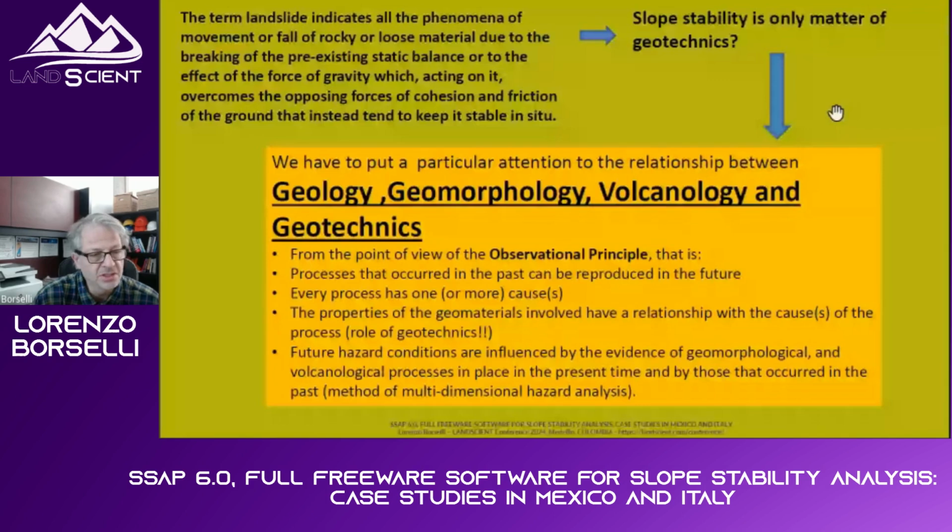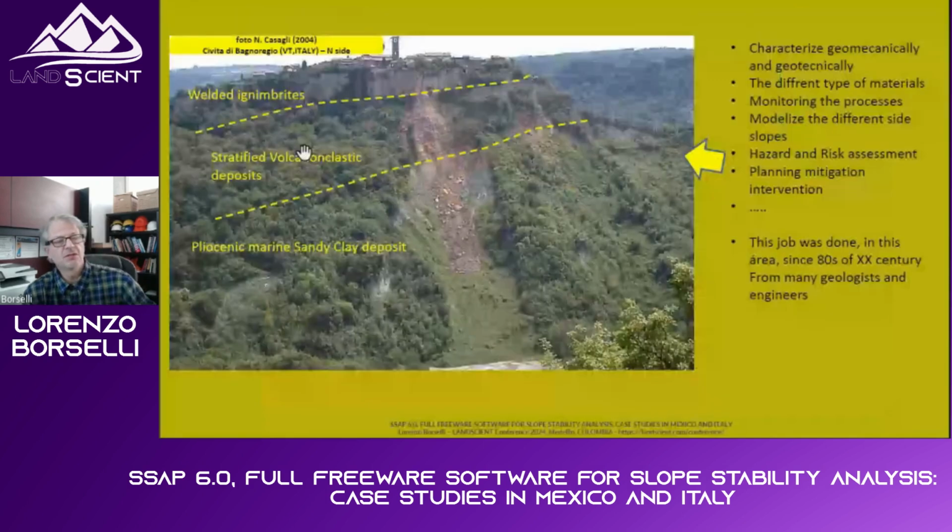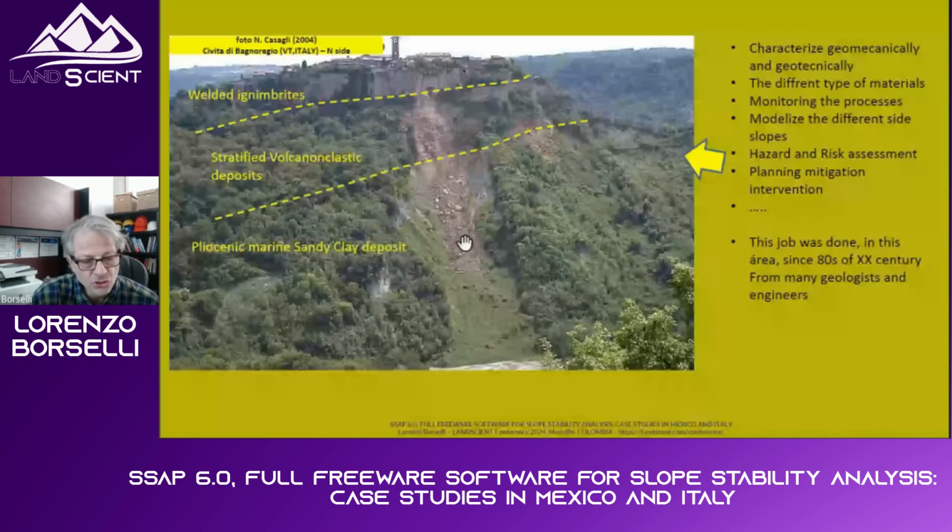For example, this well-known case is an image of Civita di Bagnoregio, Italy. This is an area with strong landslide dynamics, where the geotechnical marine sandy clay deposits interact strongly with volcanoclastic and volcanic deposits.